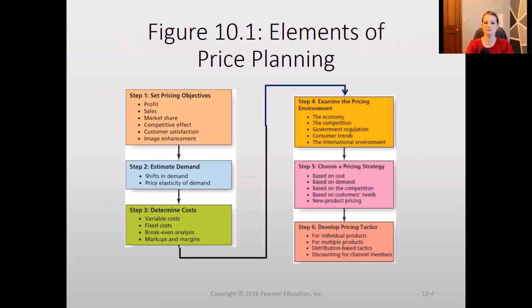Okay. When we think about price planning, we go through a process that's really similar to a lot of the other processes in marketing. We're going to start with some objectives. Then we're going to analyze what's going on. We're going to figure out a pricing strategy, and then we're going to implement it. So more specifically, we want to figure out what are our objectives. Generally speaking, our objective for most companies is profit.